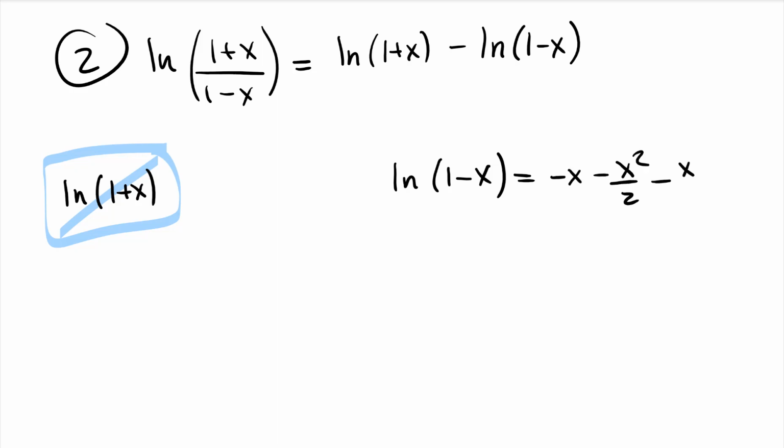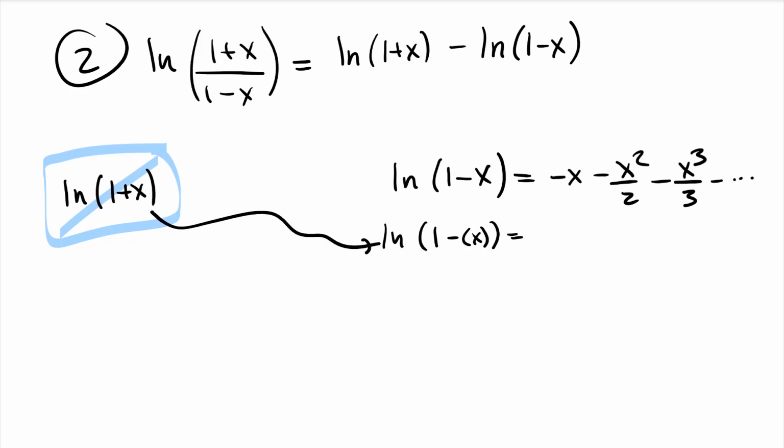Remember that? Remember I took out the negative? And it goes on forever? Well, let's use that same logic to take care of our ln of 1 minus negative x, aka 1 plus x. Oops, negative inside of there.